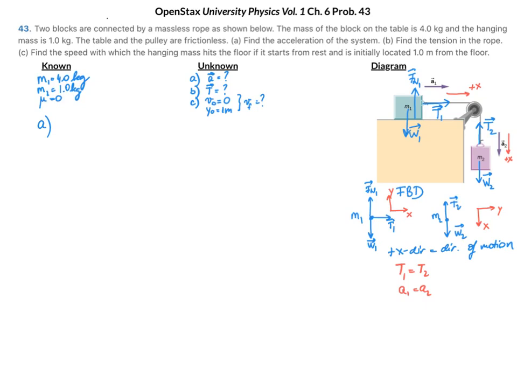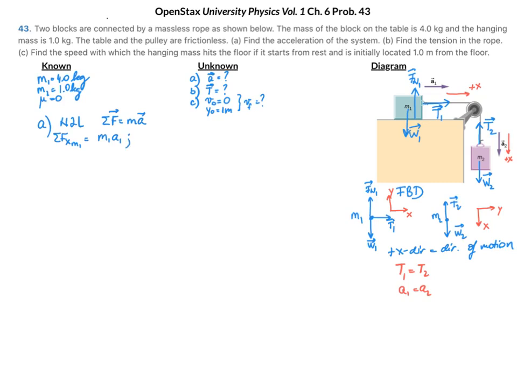Well, we know that by Newton's second law, sum of the forces on any object is mass times acceleration. And these are vectors, so I'm going to write them in vector form. Now, I have two different masses, and one of them has forces in two different directions. So I'm going to write Newton's second law for each of the masses. So for M1, I have sum of the forces in the x direction on M1 is M1 times, we called it A1 in the diagram.